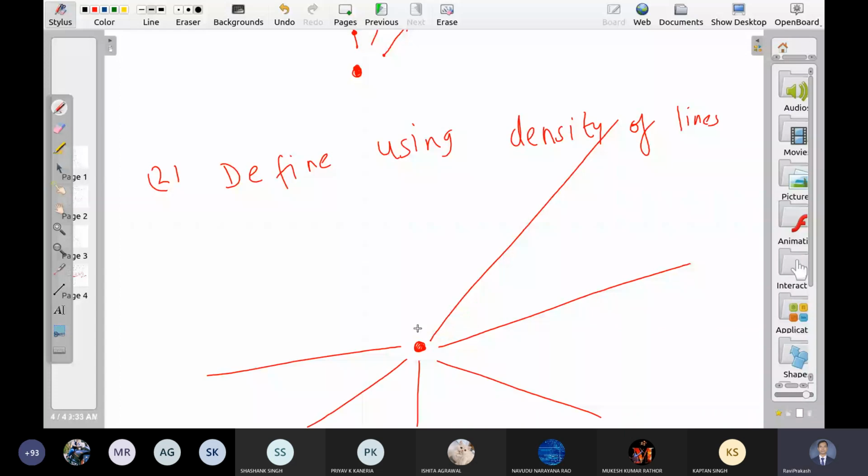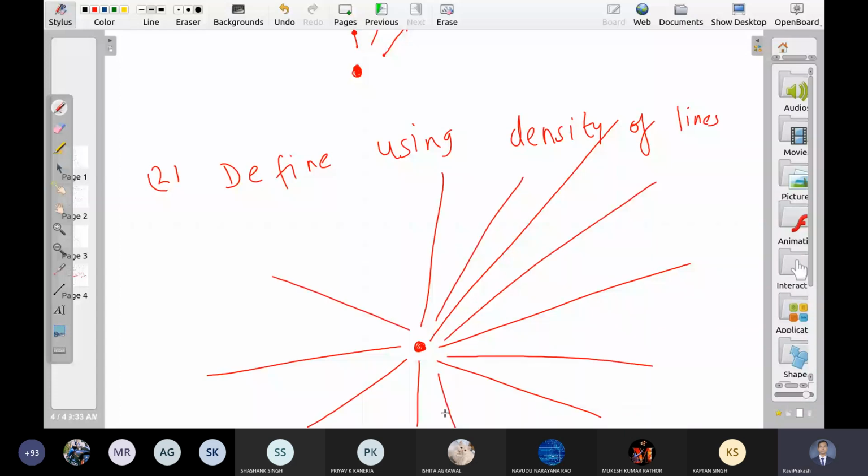I can draw any number of lines. जितना ज़्यादा draw करेंगे, image उतना accurate होगा. And you can put some arrow if you want. If it is positive charge, this is an electric field.